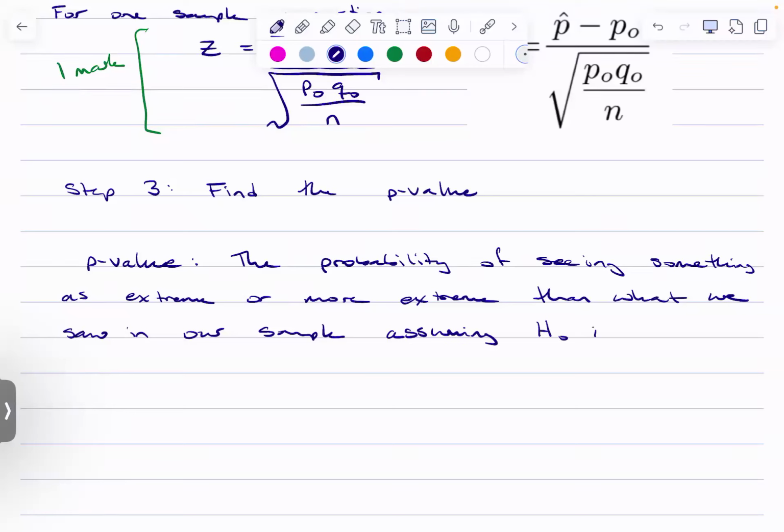Assuming H naught is true. Notice that this is generic, right? It doesn't talk about a proportion, a sample proportion.